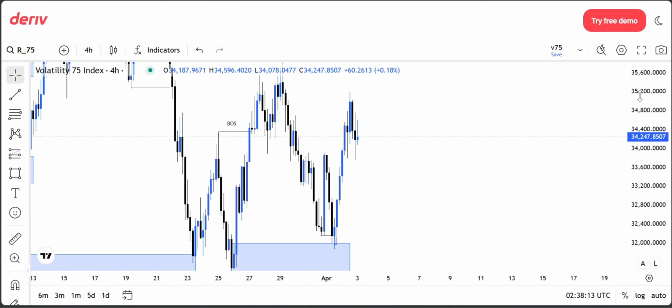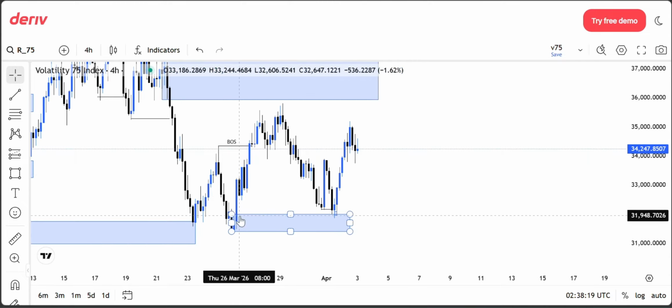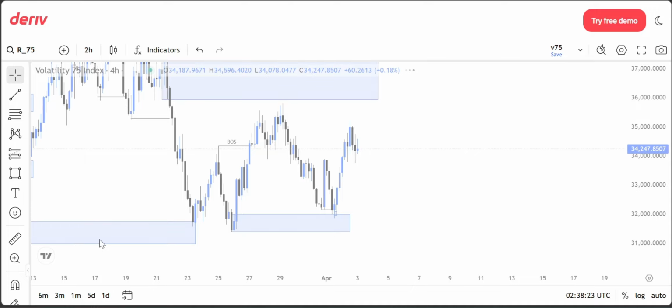So the next thing we are going to do, we are going to refine our zone, okay. So let's go down to a 2 hours time frame and just see how we can refine our zone further.